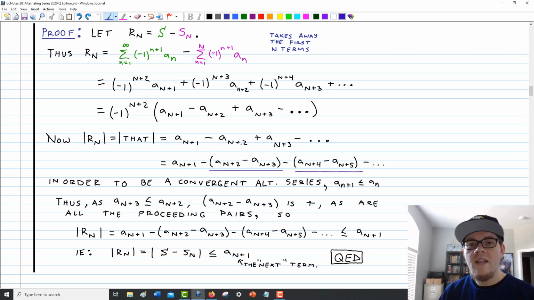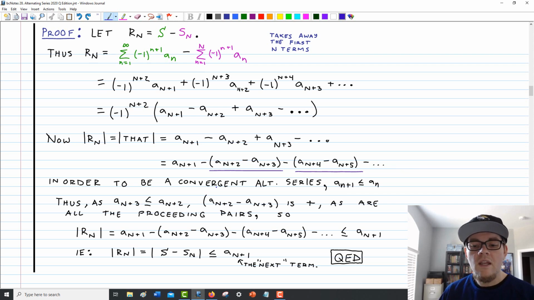So what they do is they then take pairs, and you can factor out a GCF of a negative 1, so that you get a sub n plus 2 minus the next term, and then minus a sub n plus 4 minus the next term, then minus a sub n plus 6 minus the next term. And basically what you do is you're subtracting a bunch of stuff.